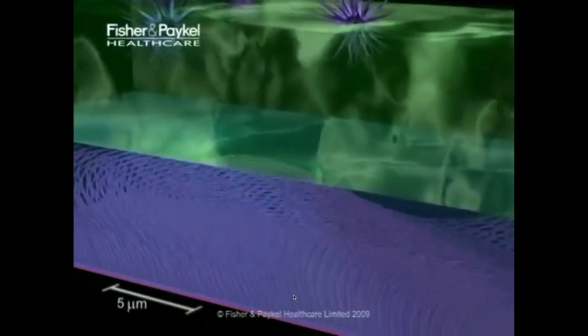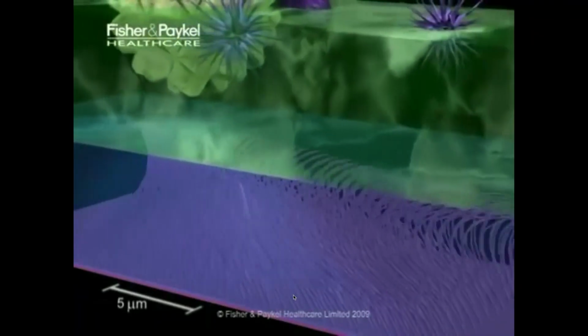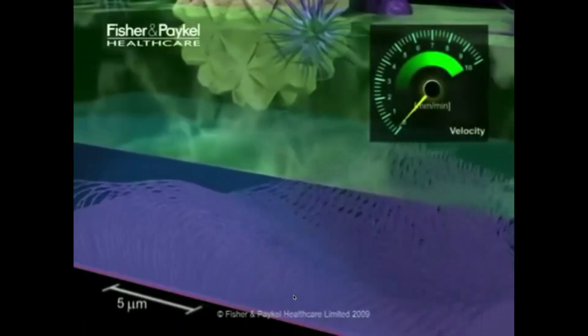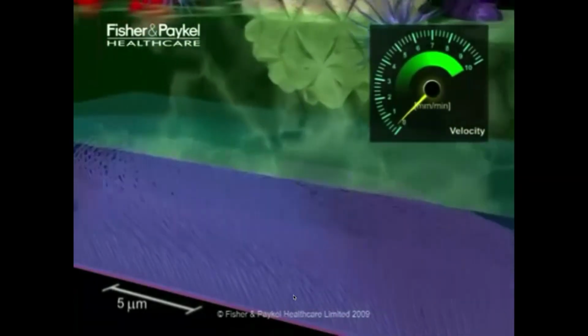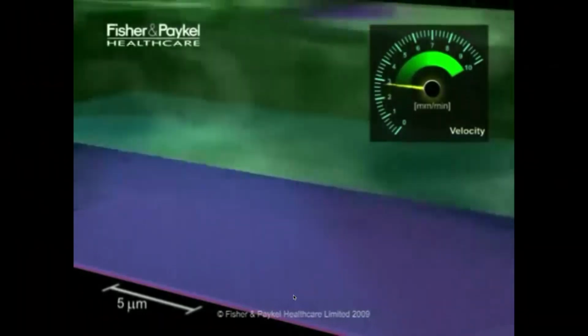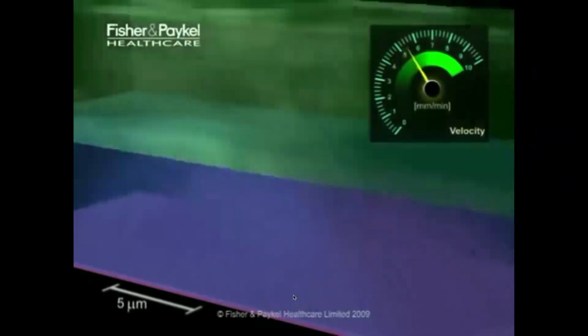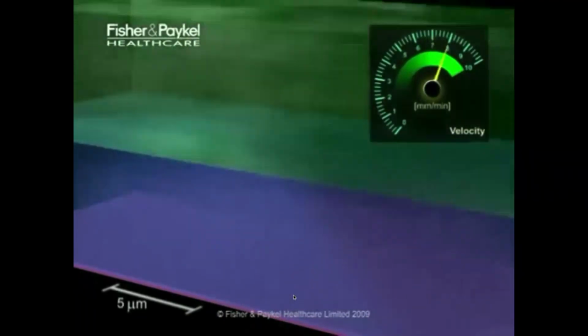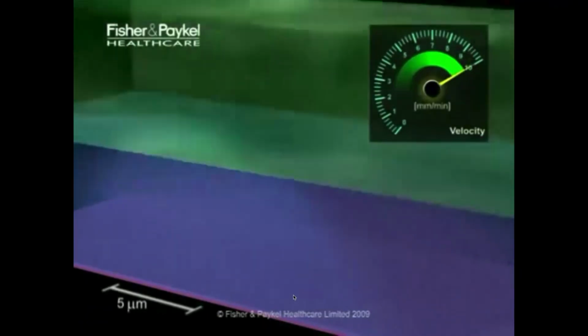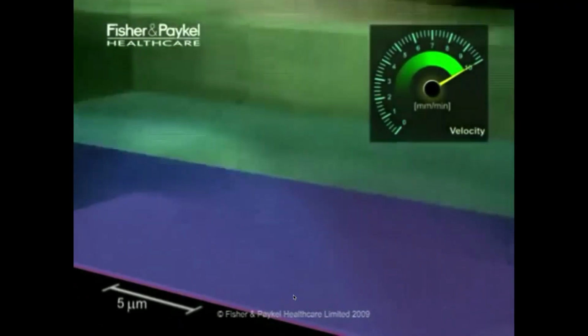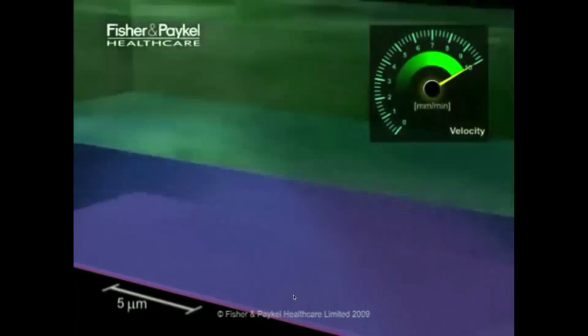It is very, very slow, just for the demonstration, so that you understand how it is moving. Now it is increasing to the maximum of 10 millimeter per minute. That is the way it is always clearing up our lung.